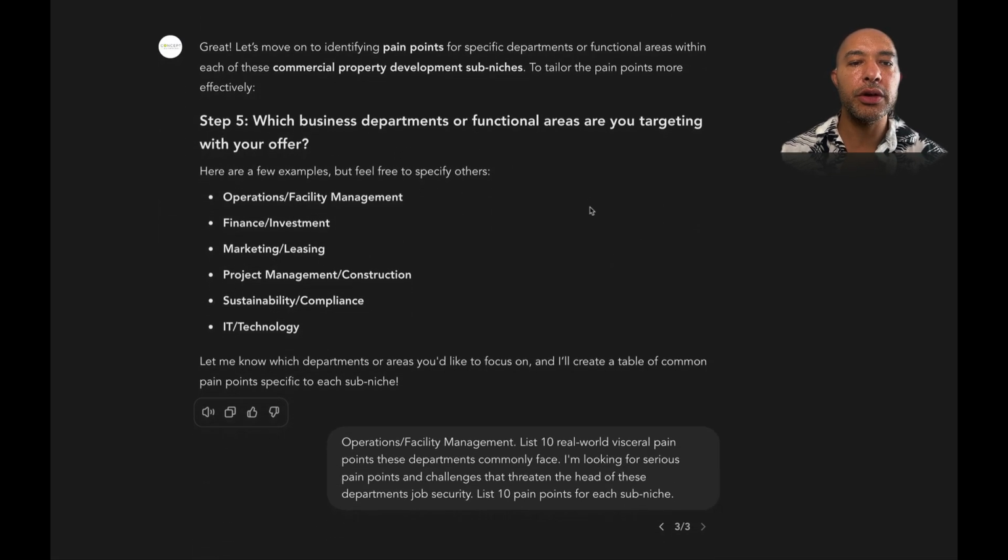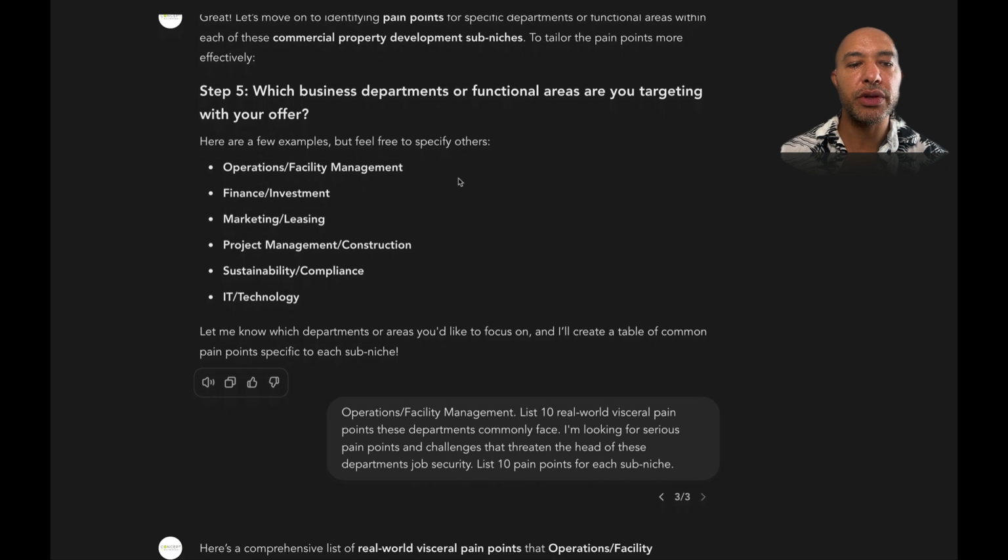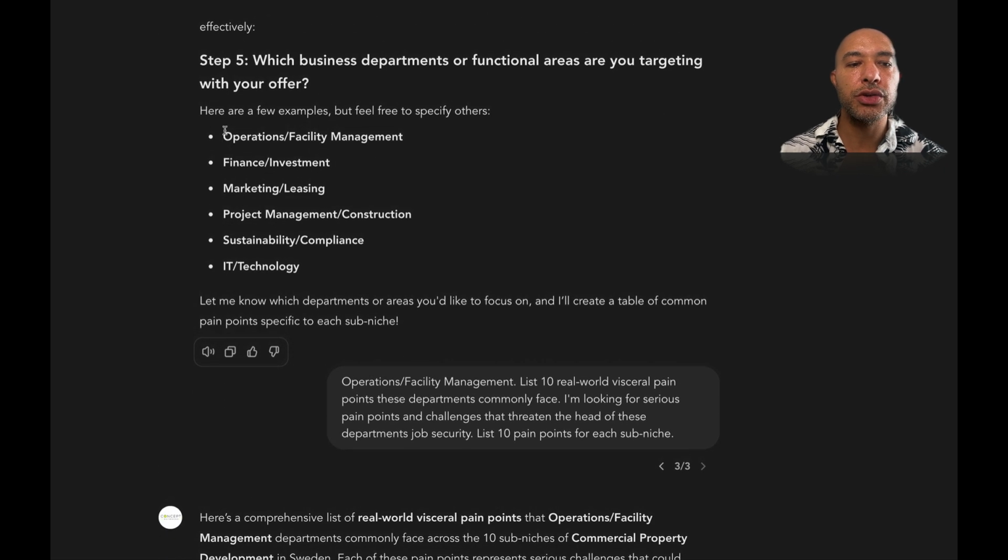From there, what we want to do is find pain points for each sub niche. Every sub niche has particular pain points that are exclusive to that sub niche. And this is really where a lot of campaigns kind of fail, because they have different pain points between the different sub niches. And so what we want to do is basically give ChatGPT an answer as to what are the specific departments that we're going to be selling into within these sub niches.